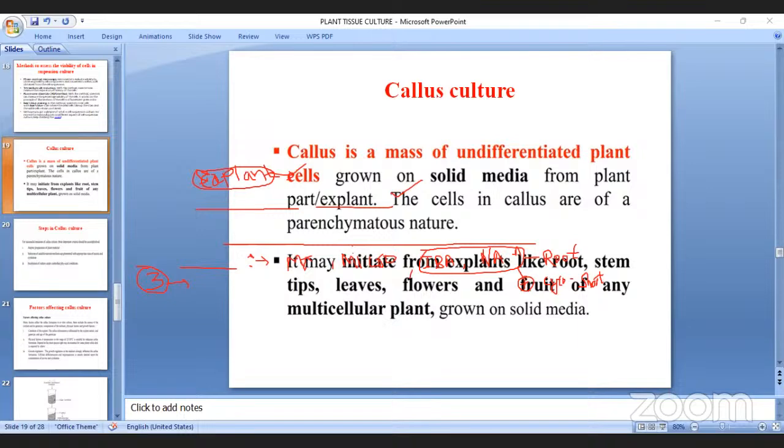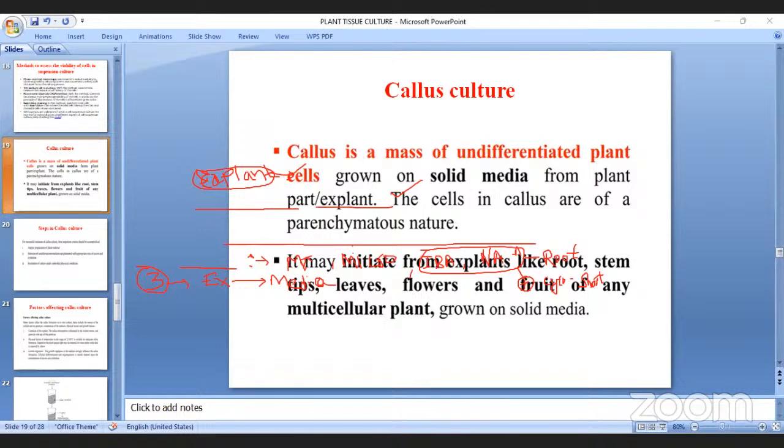So the first step, the explant is prepared and sterilized. This explant is transferred into the sterilized media. How is the nutrient medium sterilized? Already we have learnt during practical training classes.